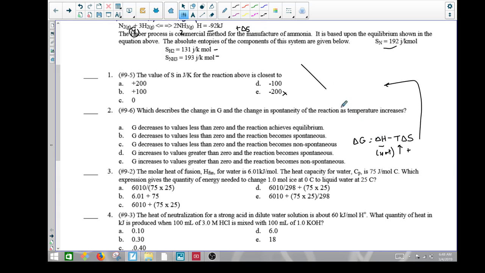So this should be negative, regardless. But a negative times a negative makes this whole factor positive. Combine the two. As this gets larger and larger, eventually this becomes positive, and the answer is that the value increases, and the reaction becomes non-spontaneous.